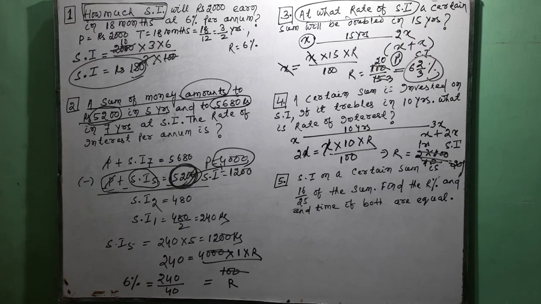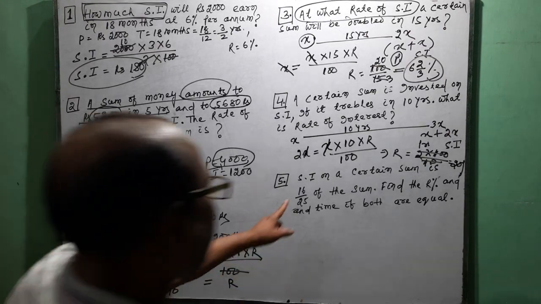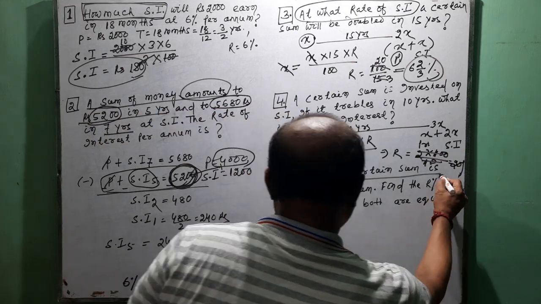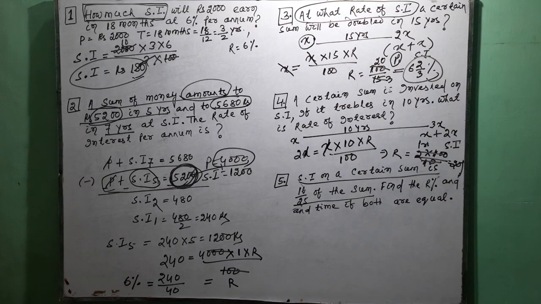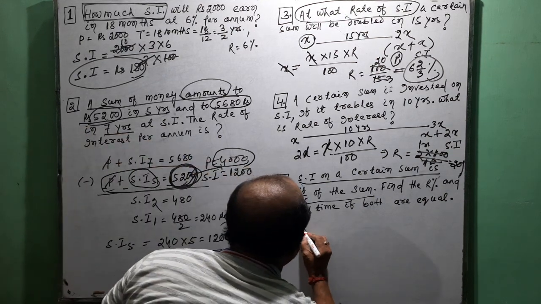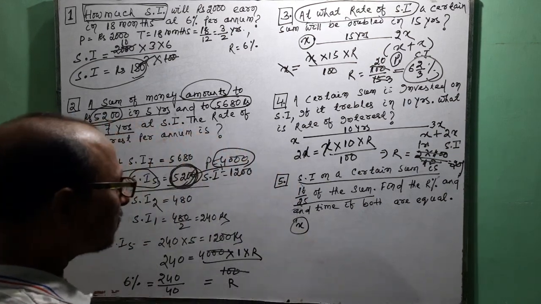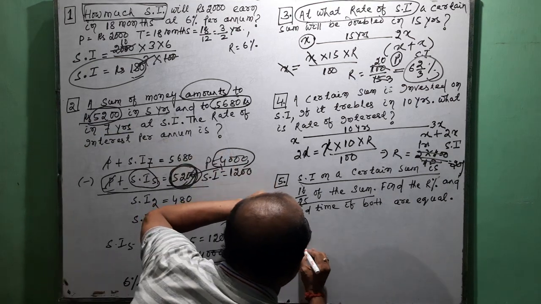Next question. SI on a certain sum is 16 by 25 of the sum. If the sum is X, SI is 16X by 25.